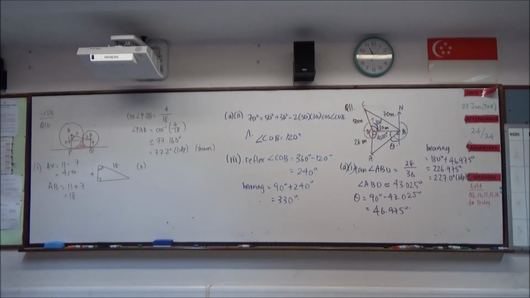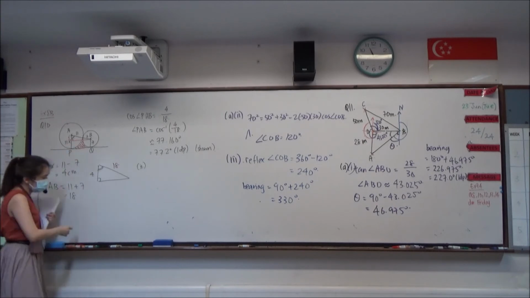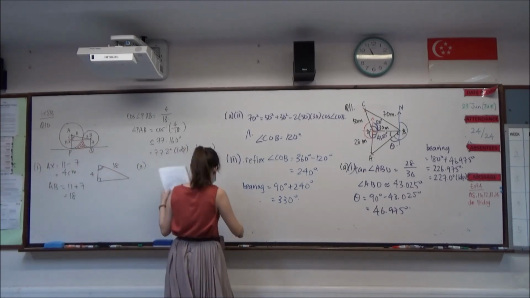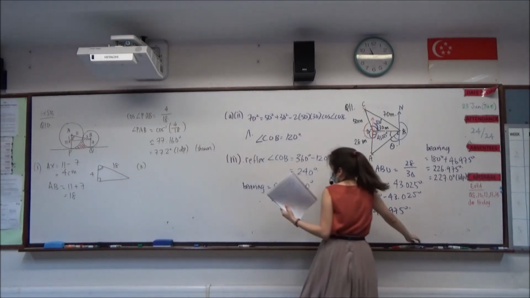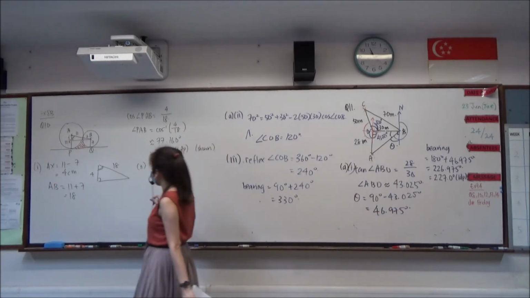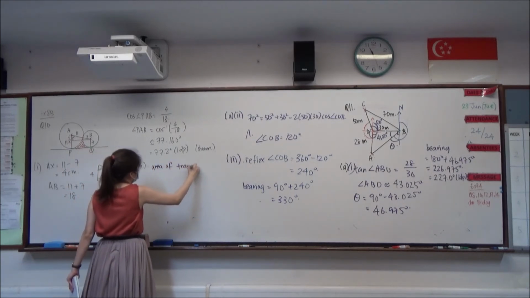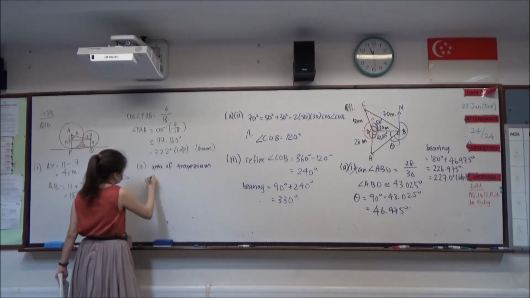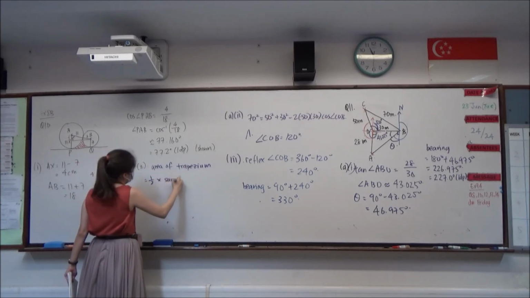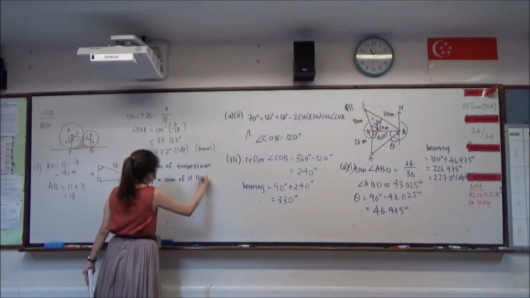So to find out this area, we would think of finding the area of the entire trapezium first, then minus away the two center areas here. Correct? So let's go about finding the area of the trapezium. Area of the trapezium formula is half times sum of parallel lines times height.